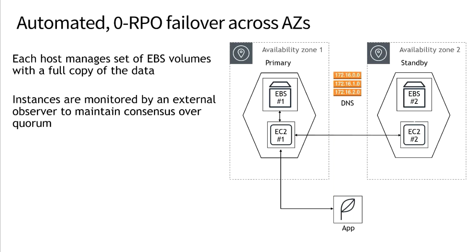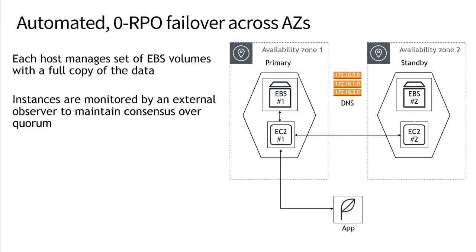So in this example, you see a MySQL database running under RDS, and it's running in two availability zones where one of them is primary and one of them is standby. That's a very common mode to run a database in AWS, to put it in at least two availability zones so that, as we said, one of them will survive even in that unlikely scenario that one of them goes down.